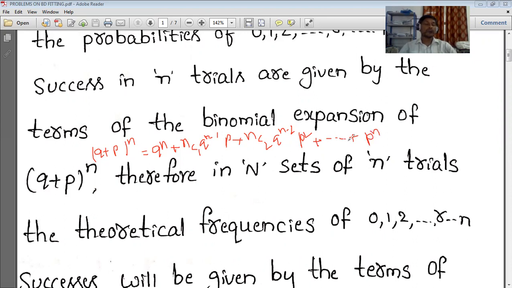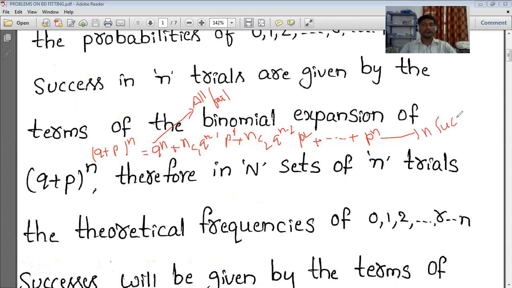This is the binomial theorem. The first term represents all failures, that is n failures. The next term represents one success and n minus 1 failures. Next, two successes, three successes, and the last represents n successes.